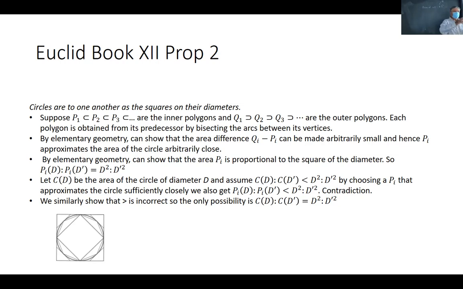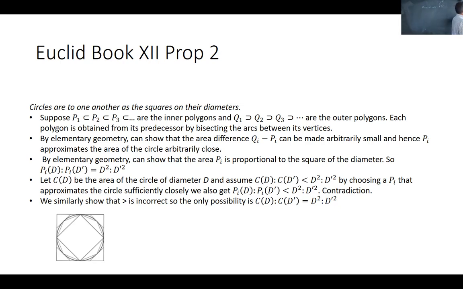Then at each step, you're making the difference less than half of what it was before. And so, therefore, you can make the differences as small as you like. So that means that we can make an inner polygon or an outer polygon as close to the circle as we desire.